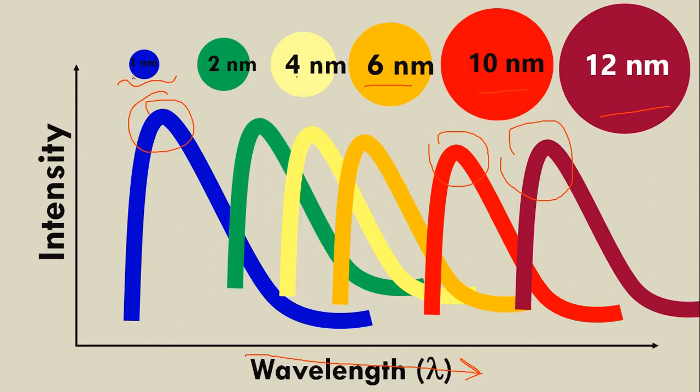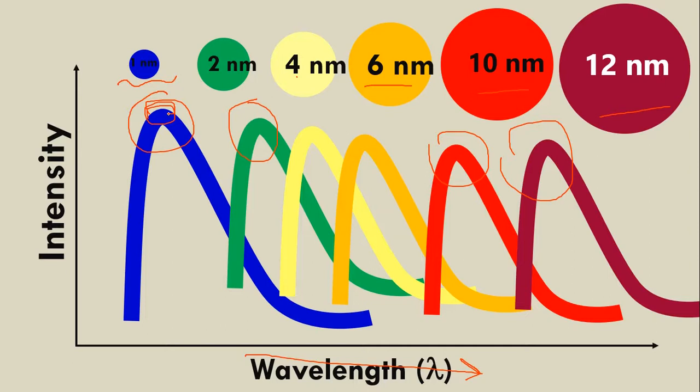This means that we shift the peak toward high energy, and high energy means the blue light, right? So it also plays a very important role in fluorescent materials: if you have one material and you want to emit blue light, you decrease the size.